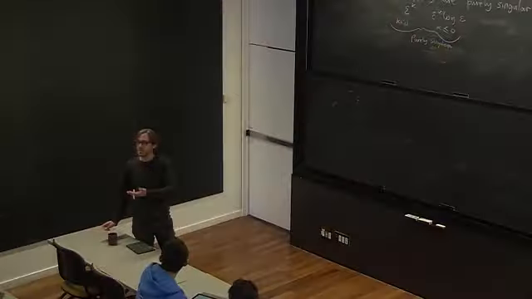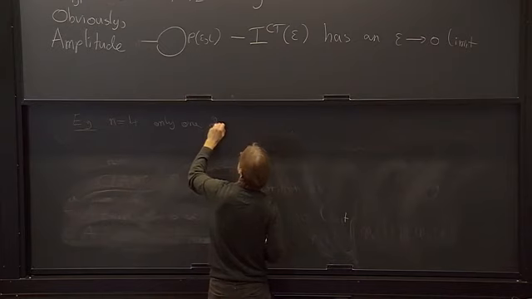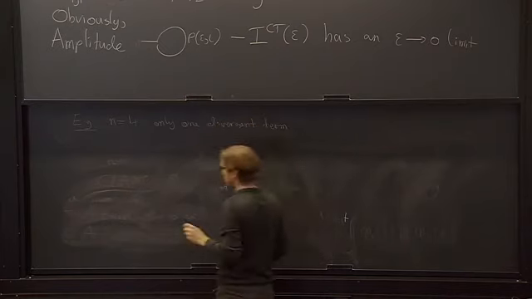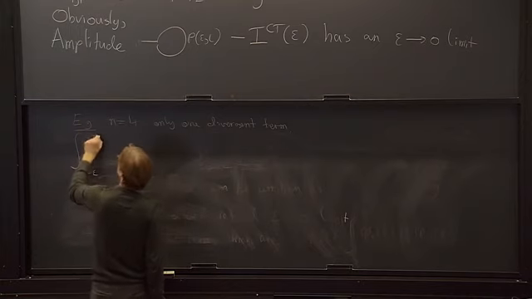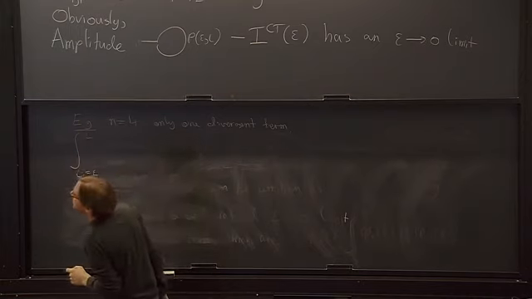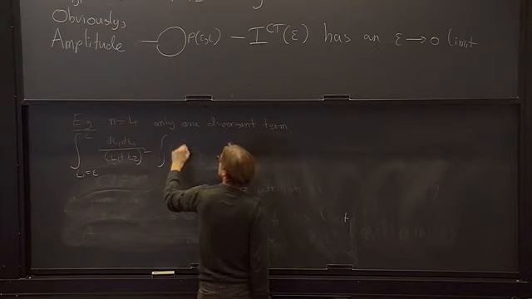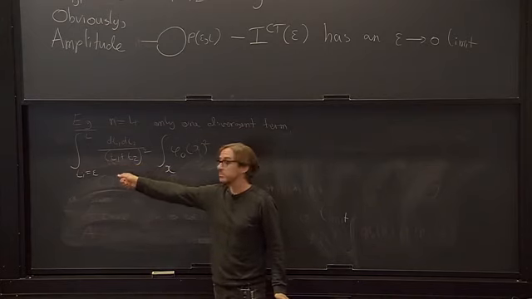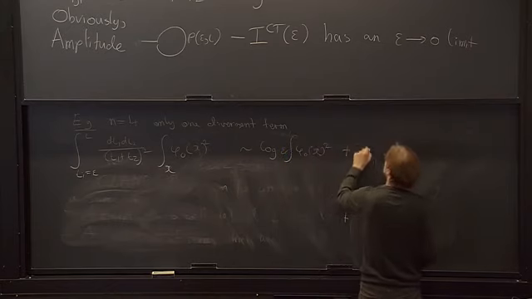So when n is 4, you only see one divergent term, which is the integral from epsilon to L. The singular part of this is easily seen to be proportional to the log of epsilon squared plus something which is non-singular.